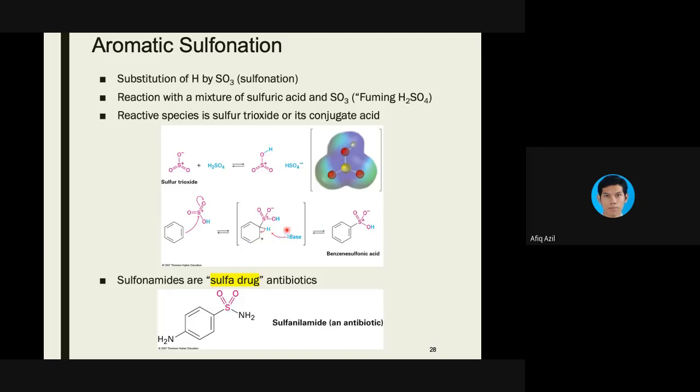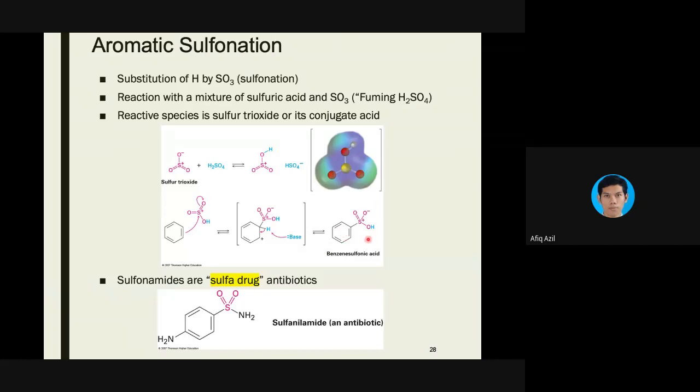The anion, which is this one, will come and take back the hydrogen, so it will turn into H2SO4 again. The SO3H structure will be retained, and your double bond is back over here.